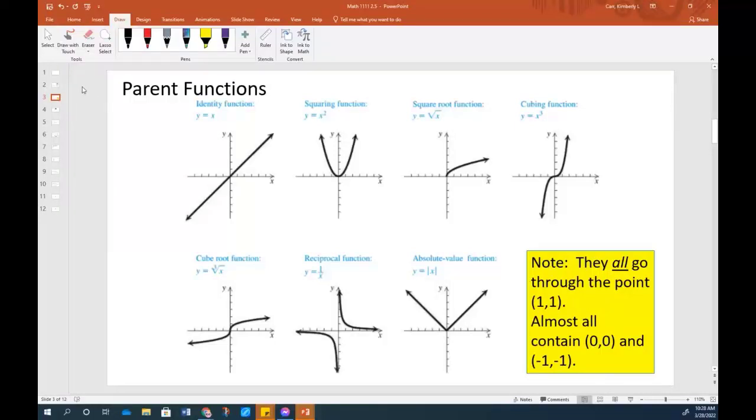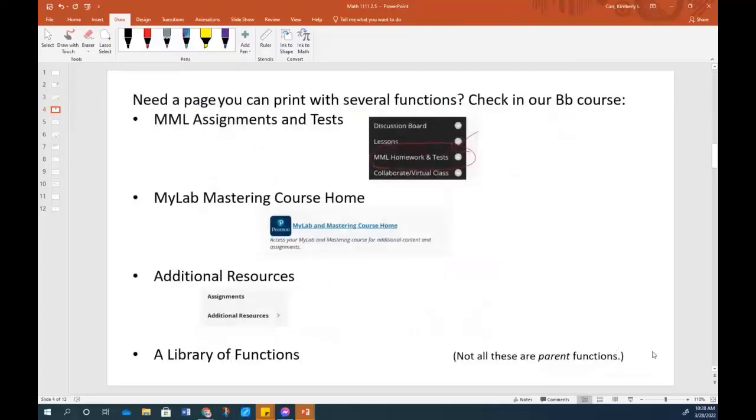Okay, so those are parent functions. These are not all of the parent functions, but it's a good number of them. If you want to look at a page that you could print out with functions on it, you can go into your MyMathLab homework and test where you normally do your homework, but choose the Mastering Course Home, or MyLab and Mastering Course Home.